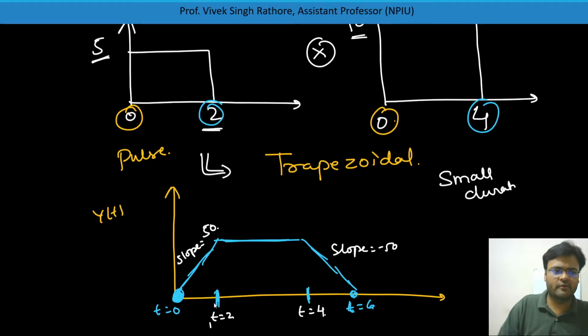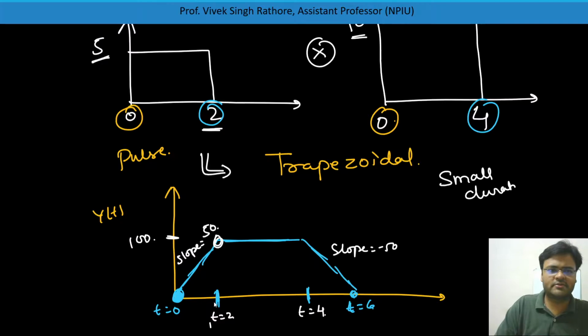Okay, this value, what we need to calculate? This value you can definitely calculate. See, for t is equal to 1, slope is increasing by 50. So for t is equal to 2 it will go to 100 definitely, so its value is 100. Now you have calculated almost every value. So here also the same thing will happen.